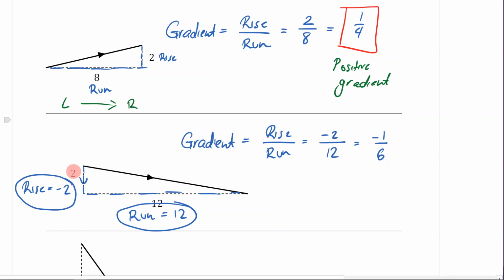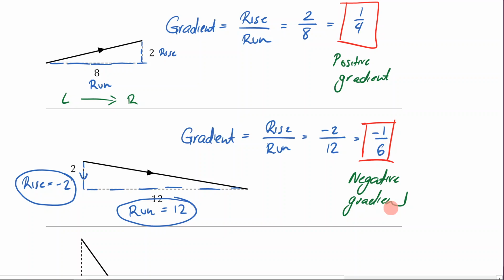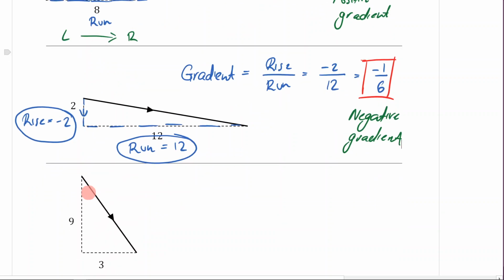The reason why we said the rise was going down is because we knew that my answer had to be negative, because from left to right, it's going down. So we knew it had to have a negative gradient. So that's why we said that. And it's very important that you realize that when you've got a negative gradient, you say that the rise is going down. All right, let's keep on going.